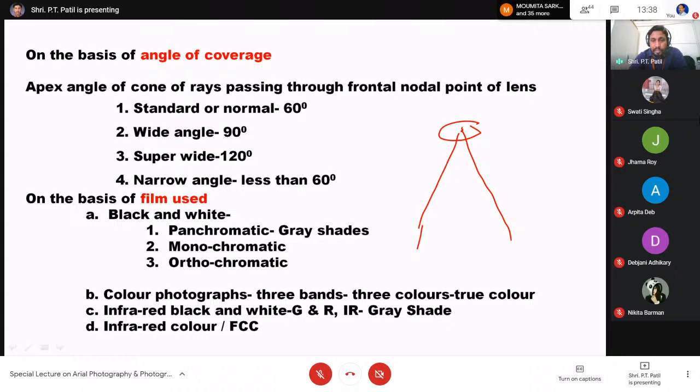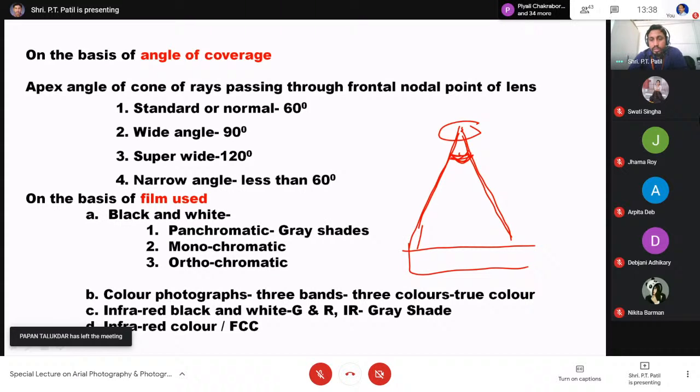The cone of the rays of that particular camera is known as the apex angle. So apex angle means the angle formed between the cone of rays of that camera. That apex angle decides which kind of photograph we are going to take.